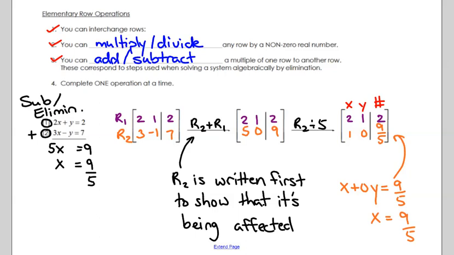Okay, so if I add them together, I'm going to get 0 y's. I'm going to get 5 x's, and on the other side of the equal sign, I'm going to get a 9. Then I would divide both sides by 5 in order to isolate x, and then I have my x, which is 9 over 5. I could then take that answer, substitute it into either equation, and get my y. Okay, so now let's see how to do a matrix.